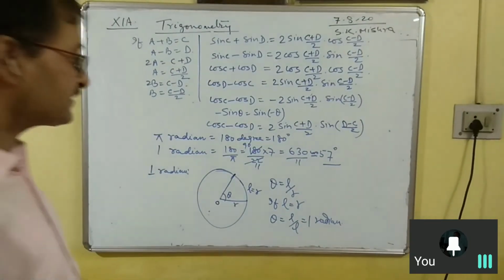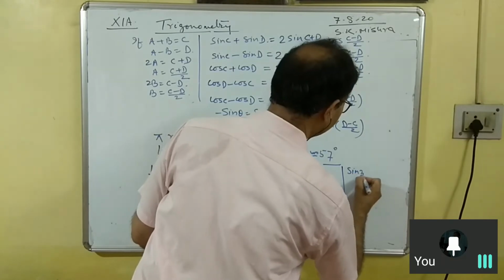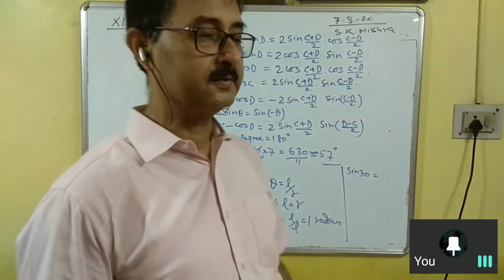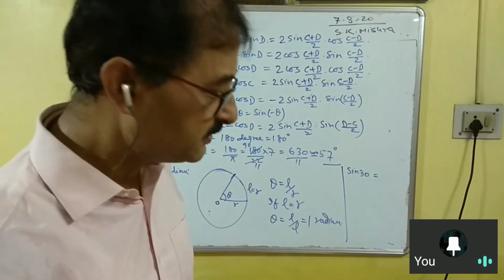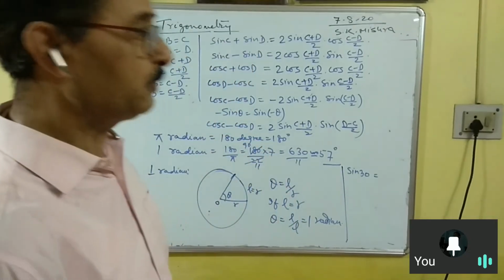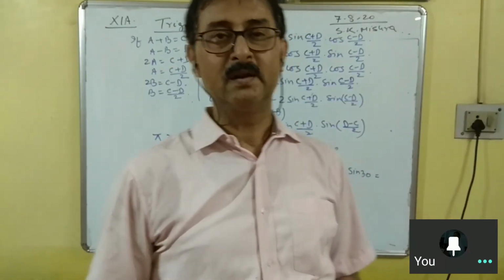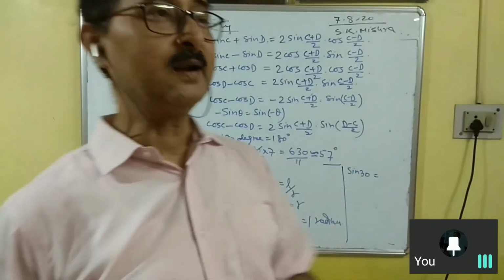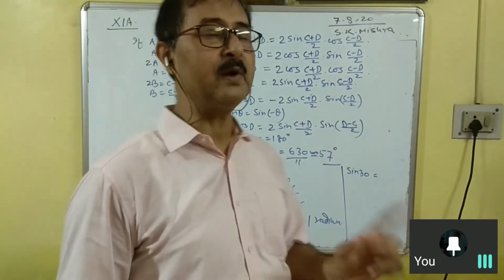Now, what is the value of sine 30? Half, 1 by 2. Some of your friends may say 0.5, but I think there is no difference. Remember the mistake you have committed: sine 30 will never be half.